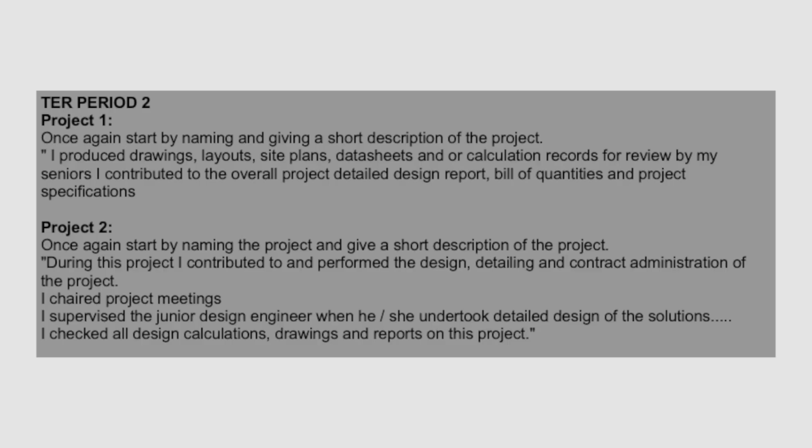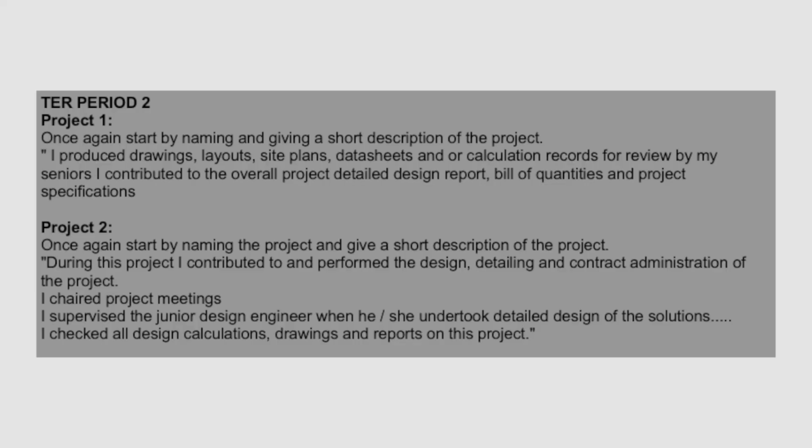So, period 2, project 2. Once again, you give a description of the projects that you worked on, your designation, your role and your responsibilities, those kind of things. Give you an example, project number 2. During this project, I contributed to and performed the design, detailing, and contract administration of the project.